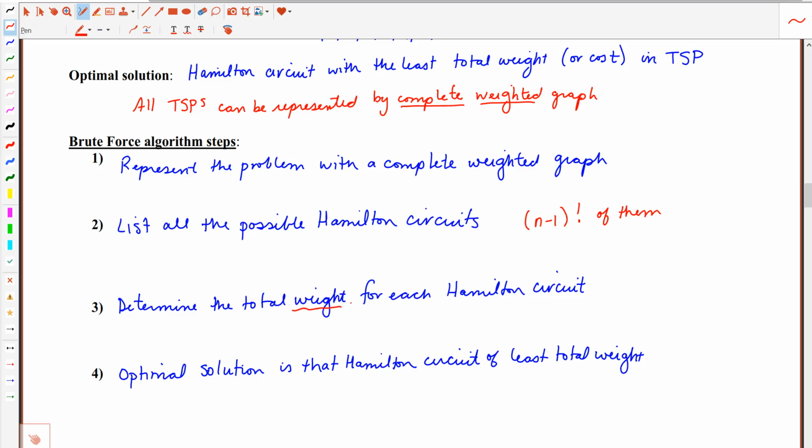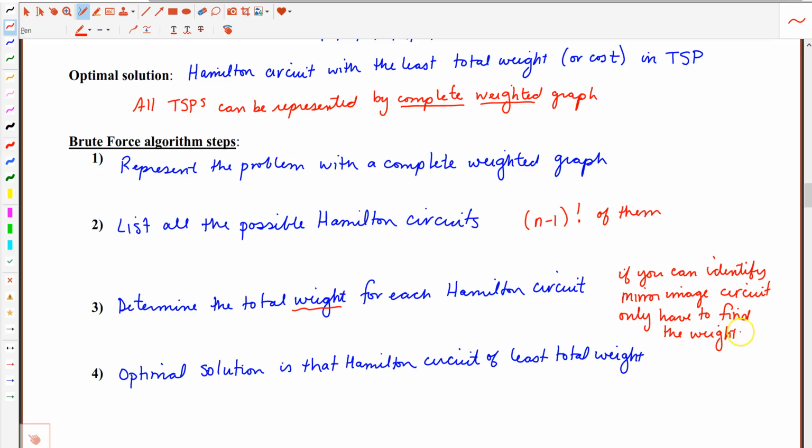Okay, so when we go to find the weight of the Hamilton circuits, if you can identify those mirror images, so we'll call it a mirror image circuit, then you really only have to find the weight for half of the possible circuits, because then the other half will be the mirror image and it'll have the same weight.